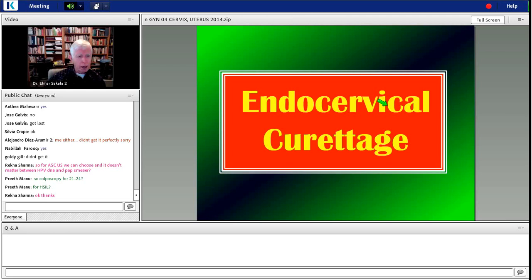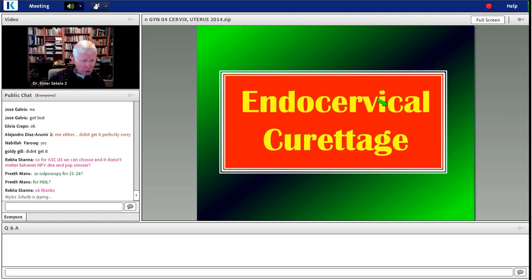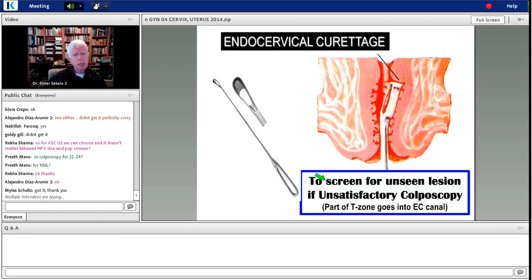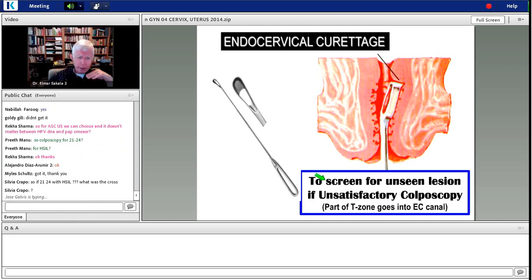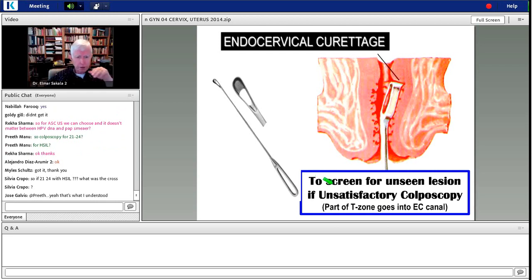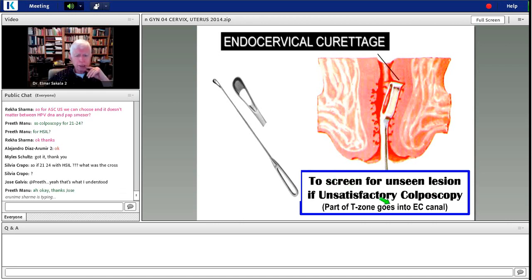All right. We talked already about this, endocervical curettage. We will do this if we have metaplastic epithelium, normal appearing epithelium going into the endocervical canal. So it is to screen for unseen lesions, because part of the transformation zone goes into the endocervical canal.